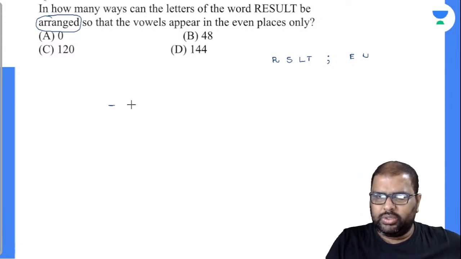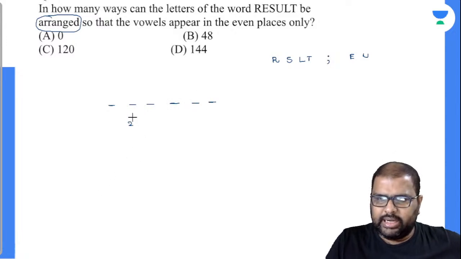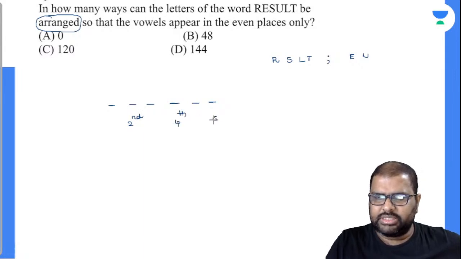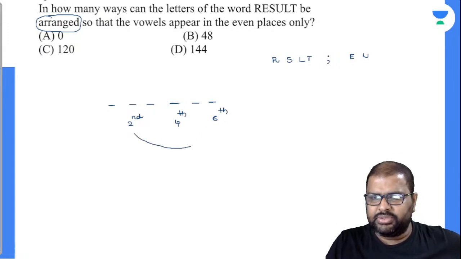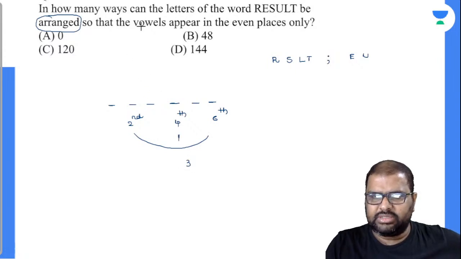Now RESULT: 1, 2, 3, 4, 5, 6. This is the second even position, fourth even position, sixth even position. Now, how many even positions are there? 3 even positions. Out of these 3 even positions, I have to select for vowels only.